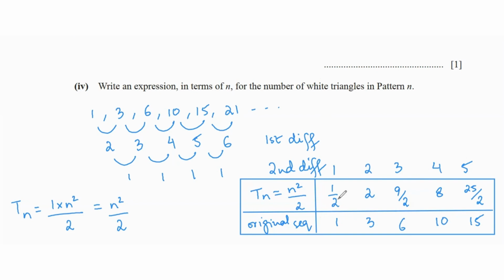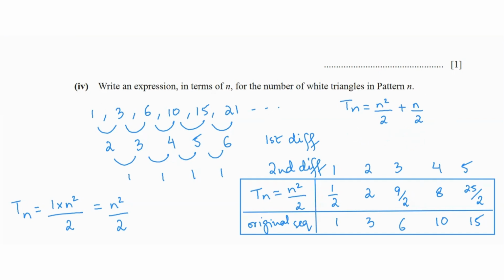So to convert half into 1, obviously we add half to that. So if we assume that the nth term is n squared over 2 plus n over 2, T1 would be 1 over 2 plus 1 over 2, which is 1.